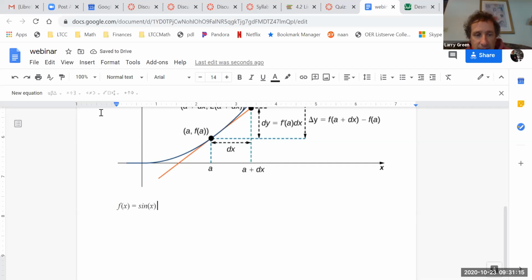And let's suppose that a equals 0. And how about dx equals 0.01? Okay, and then from Desmos, we saw that we'd get a good approximation if you're that close to the origin. Are y'all good with that?